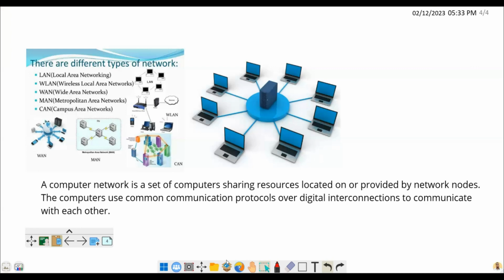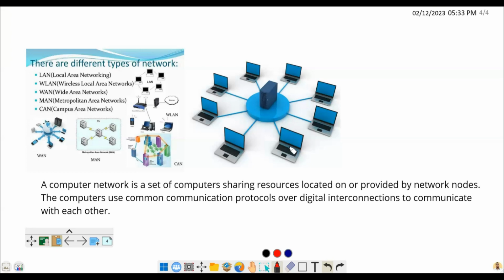here, we have a diagram that's showing one main computer in the center, and then we have other computers surrounding it. A computer network is a set of computers sharing resources located on or provided by network nodes. So from this definition, we're saying a set of computers.